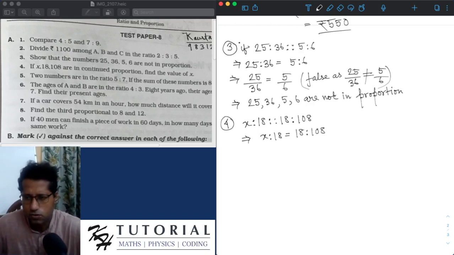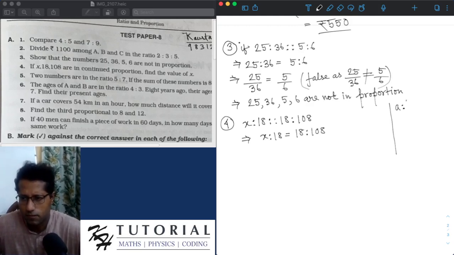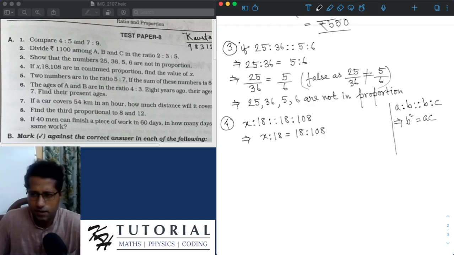We also know that in a continued proportion where a is to b is equal to b is to c, we imply that b square equals ac. So we can directly use this formula.